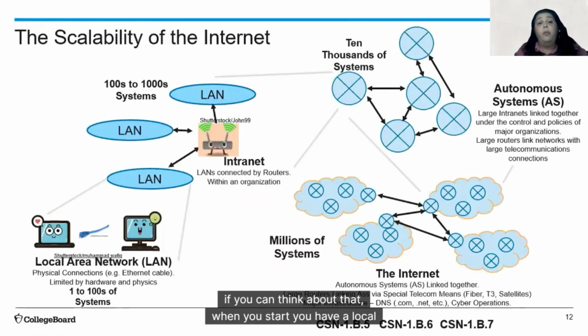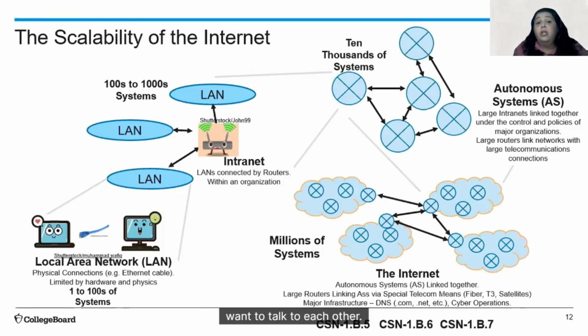If you think about that, when you start, you have a local area network, something like you have at home or within your classroom or your school. Those local area networks, from one floor of a school building and another floor of a school building, create a small intranet, which is hundreds to thousands of your LAN systems. Intra means within. You've got all these intranets and they want to talk to each other.